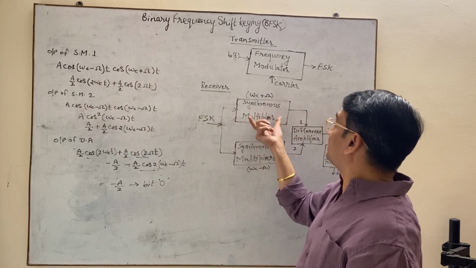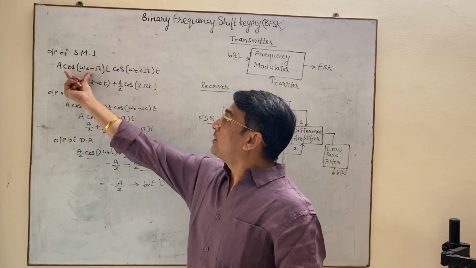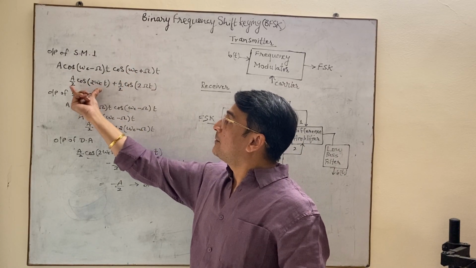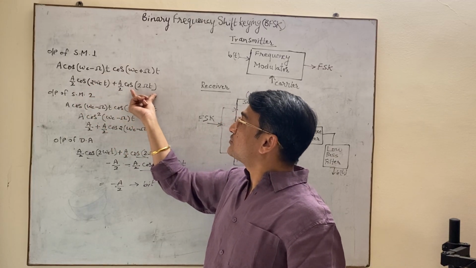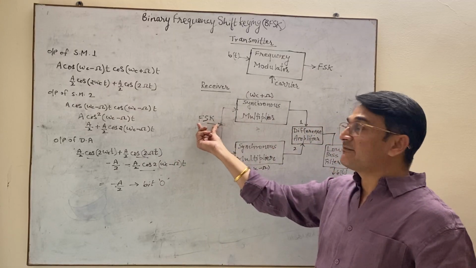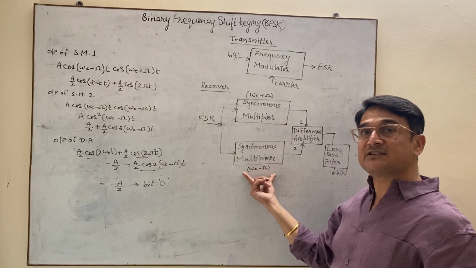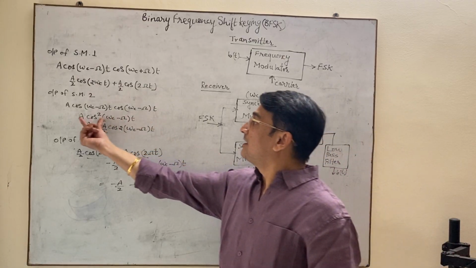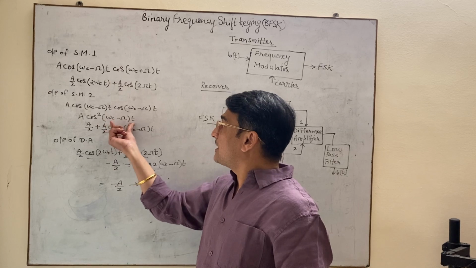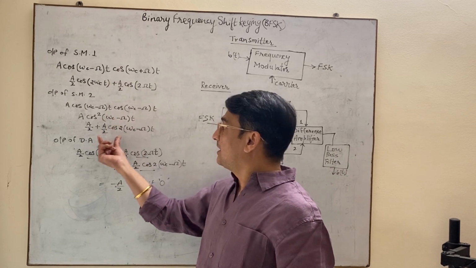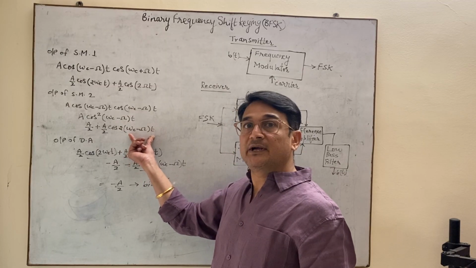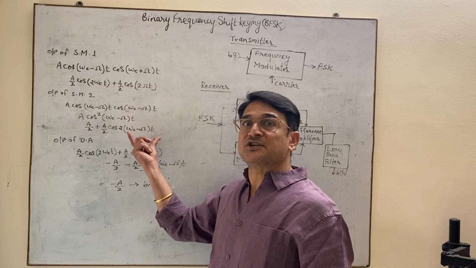So the output of the first synchronous multiplier will be A cos(ωc − ωt) into cos(ωc + ωt), which will be A/2 cos 2ωct plus A/2 cos 2ωt. Similarly, when this FSK signal is given to synchronous multiplier 2, which has frequency ωc − ωt, it will be multiplied with the same frequency, so it will be squared. So it will be A cos²(ωc − ωt), which can also be written as A/2 plus A/2 cos 2(ωc − ωt) by the trigonometric relationship.